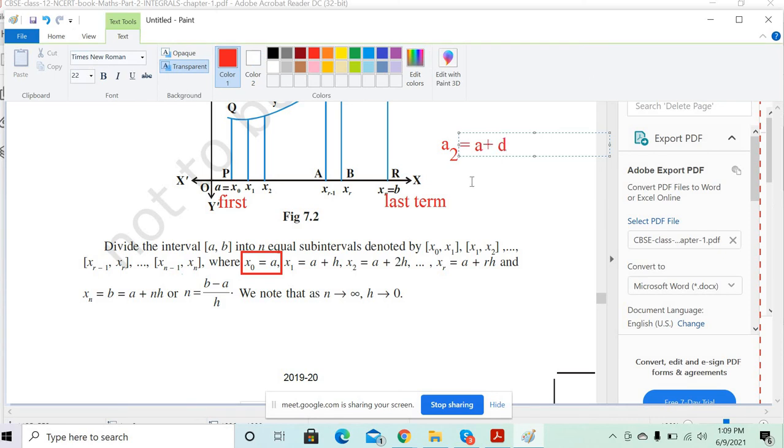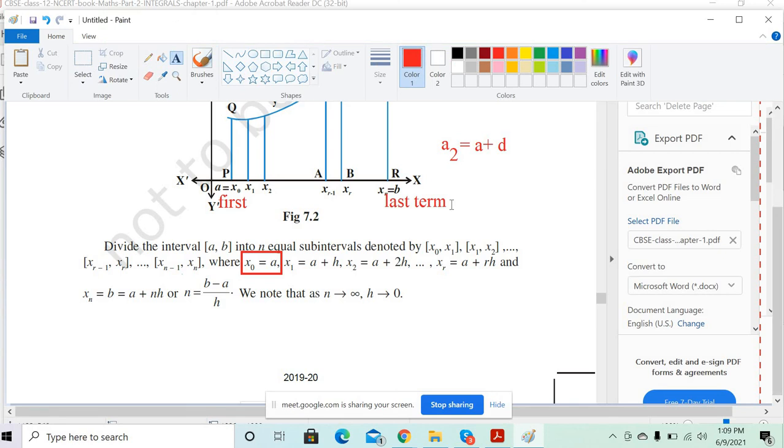Correct? Since we started with x naught as the first term, x1 will be the second term, isn't it? So x1 will be a plus h, correct?